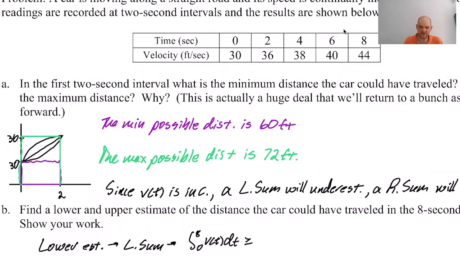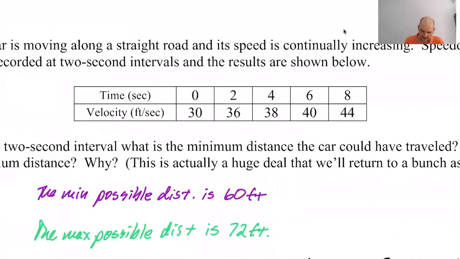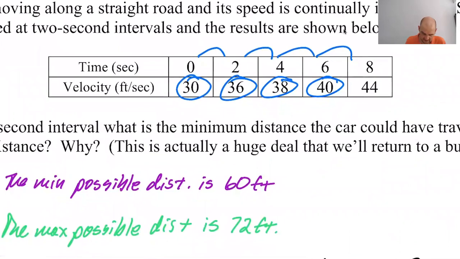If I have a table and I'm doing a left sum, I'm going to do 2 times 30, then 2 times 36, 2 times 38, and then 2 times 40. So I'm going to do 2 times the quantity 30 plus 36 plus 38 plus 40. So this is my left Riemann sum. I'm going to move it down so that it's where the work should be.